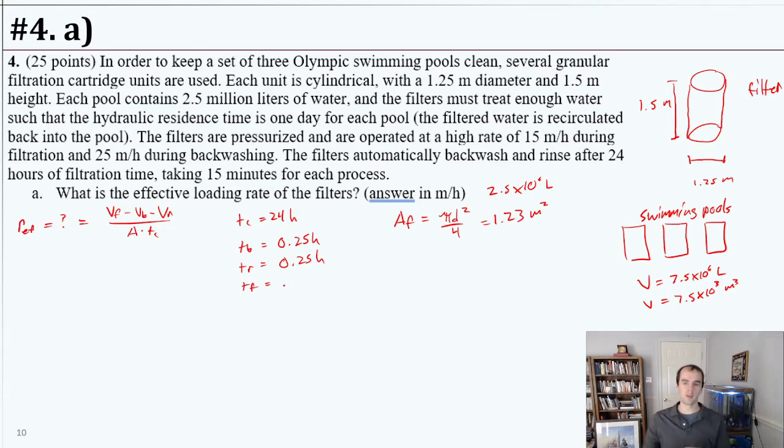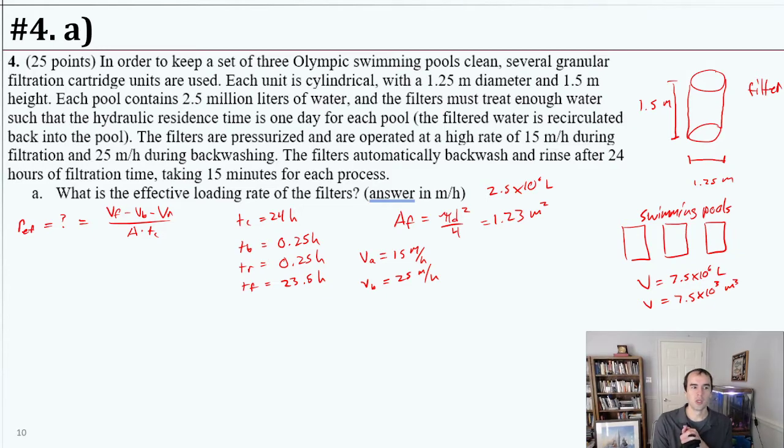And the time that is left for filtration over that 24 hours is going to be 23.5 hours, because we had to subtract those two parts. Okay, the other things we'll need to note are the loading rates. So VA for the loading, that was given as 15 meters per hour during normal conditions, and then during backflush, we have 25 meters per hour.